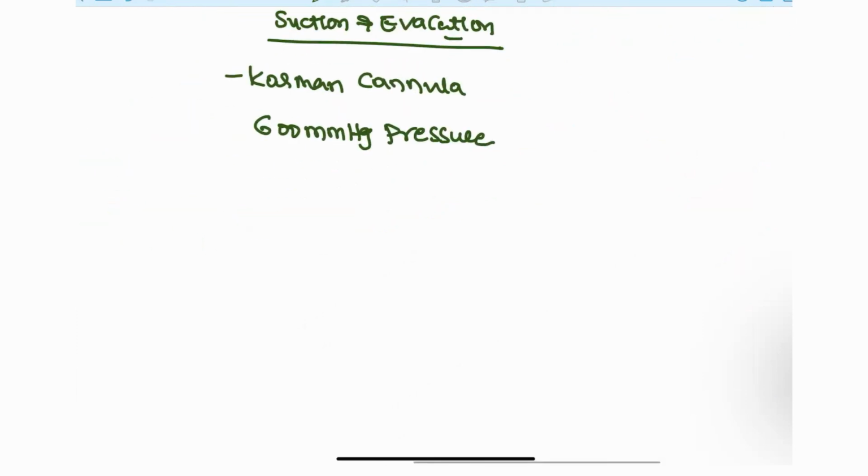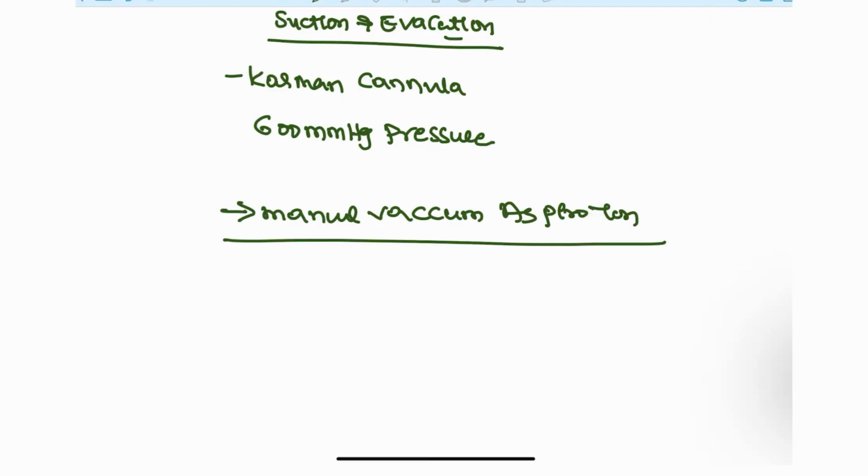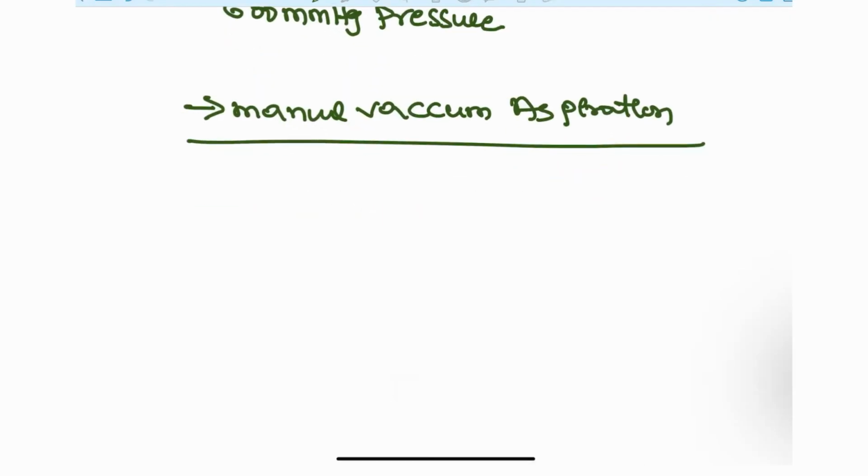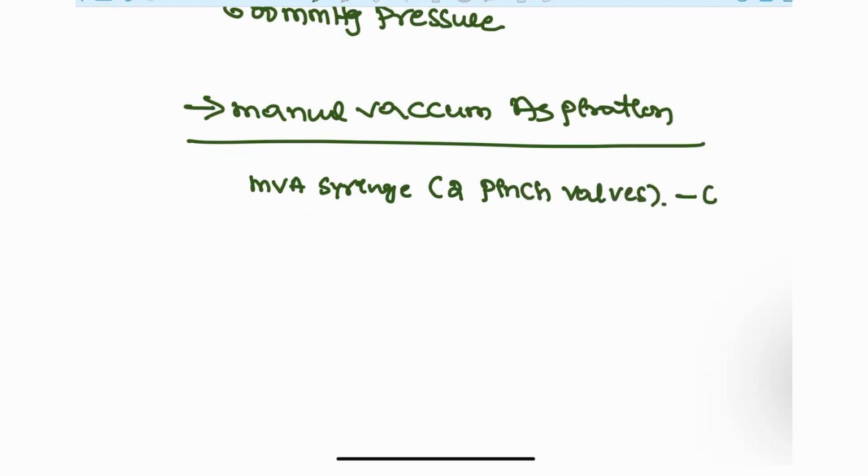Next, another type is going to be the manual vacuum aspiration. In the manual vacuum aspiration, we are going to use a syringe here. The syringe is known as an MVA syringe, which contains two pinch valves, and the capacity will be around 60 ml.